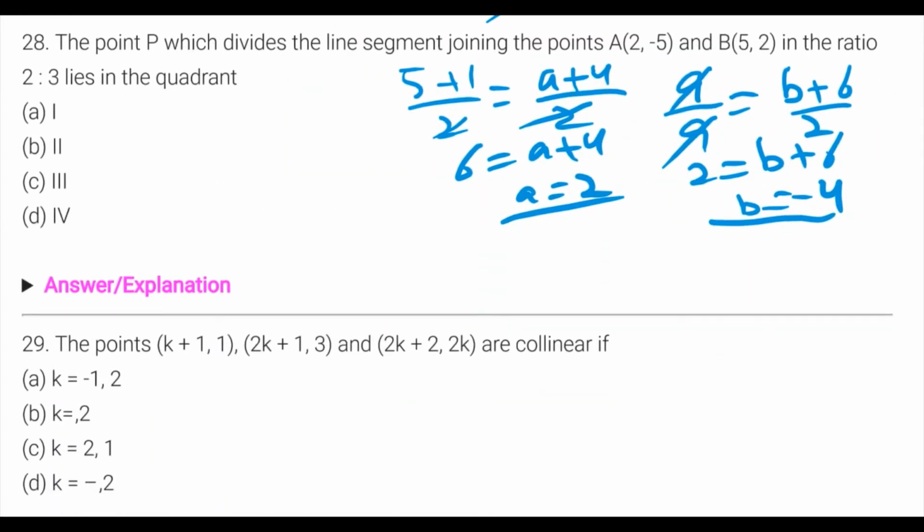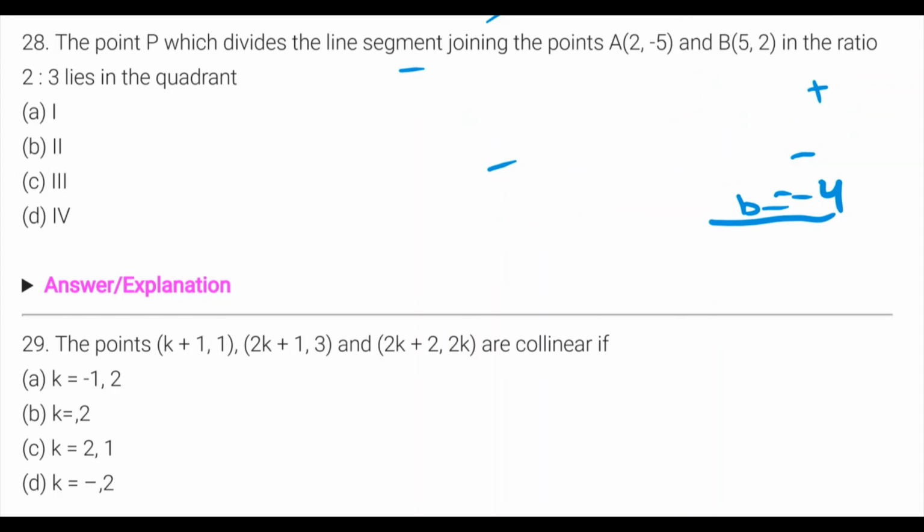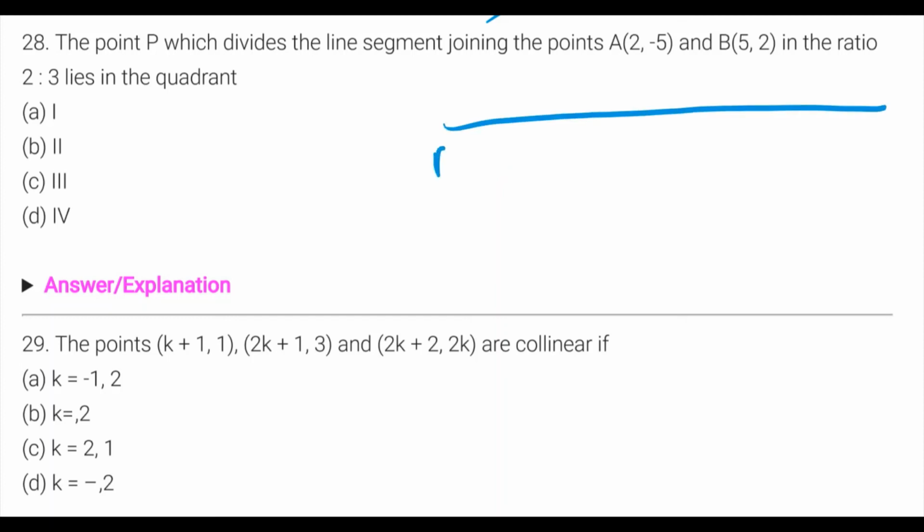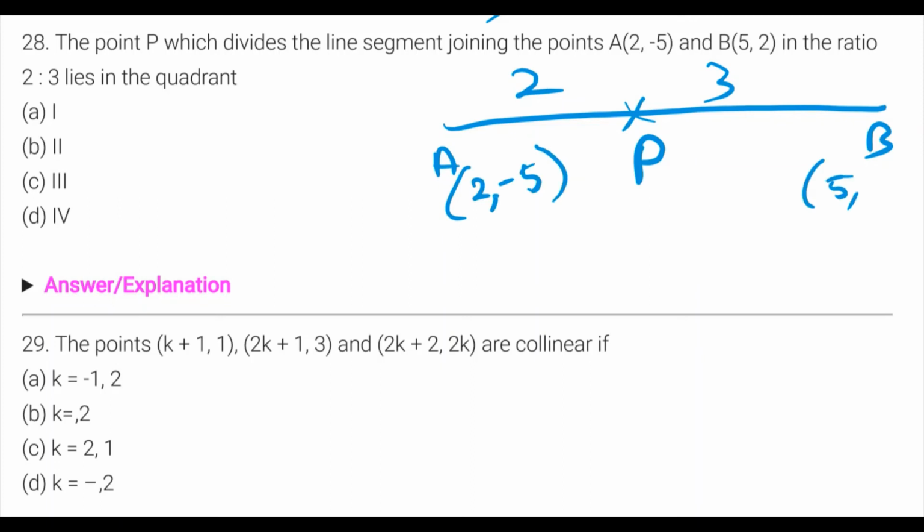Next is 28th question. The point P which divides a line segment joining the points in the ratio 2:3 lies in which quadrant. So AB is the line segment. We need to find the point P and check its quadrant. The ratio is given as 2:3. A is (2, -5) and B is (5, 2).